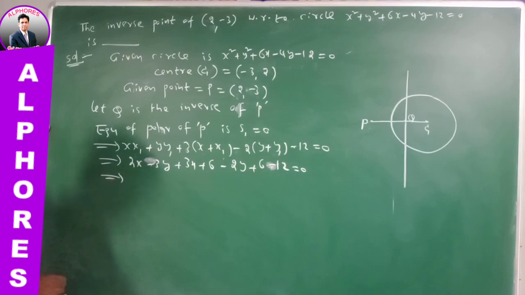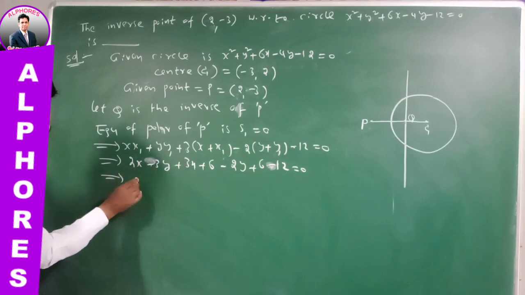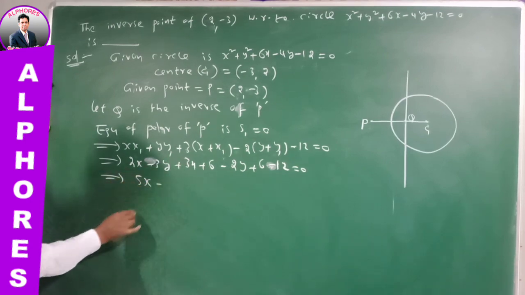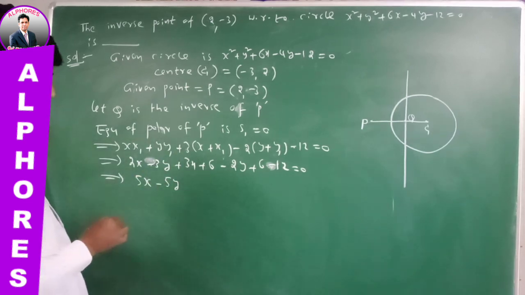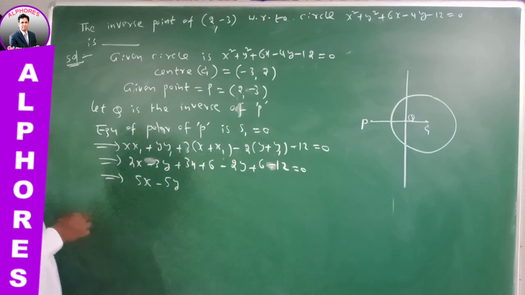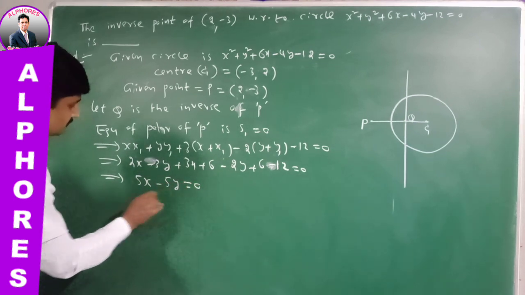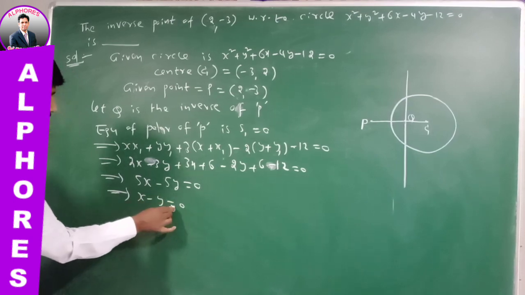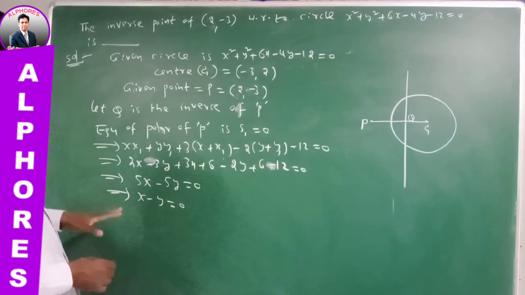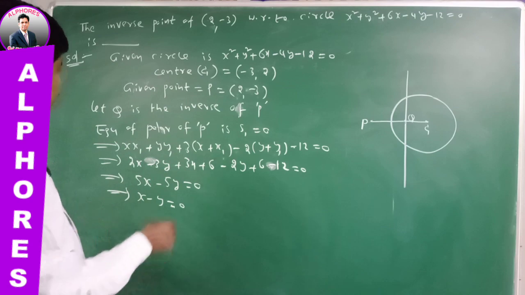This implies 5x minus 5y equal to 0, which implies x minus y equal to 0. This is the polar of P. Here the equation of the polar of P is what?